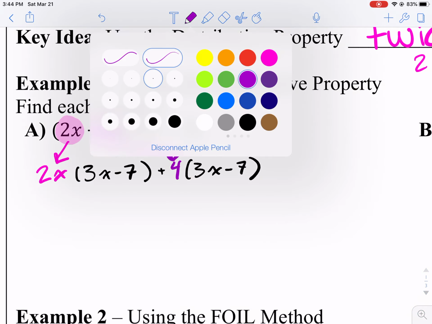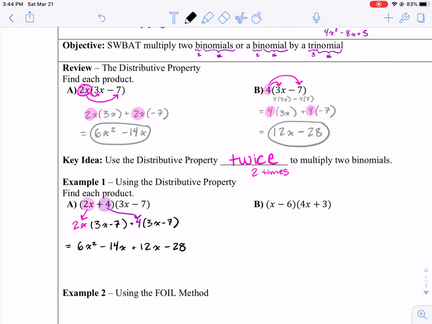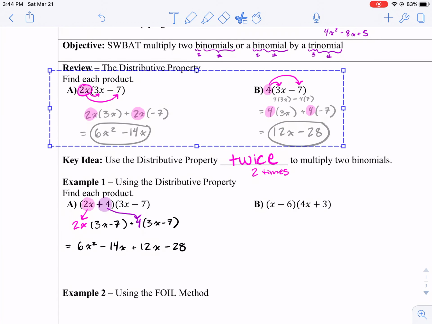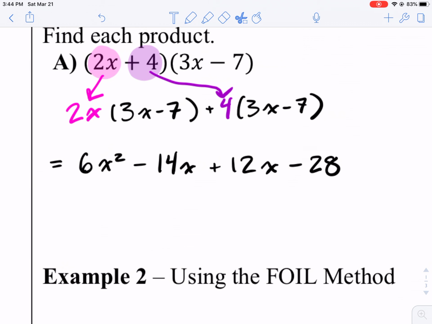So let's go ahead and use the distributive property to expand that out. That will give us 6x squared minus 14x plus 12x minus 28. If these numbers sound familiar, it's because we just did them in our warm-up. We've got a 2x times 3x minus 7 and a 4 times 3x minus 7. Okay.